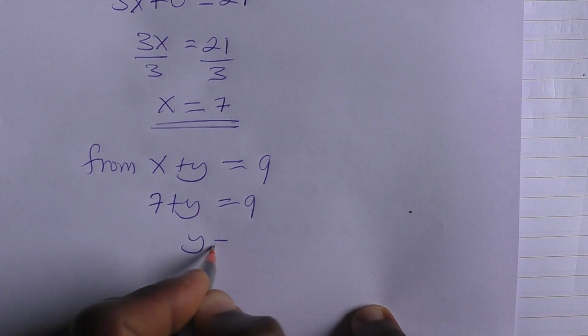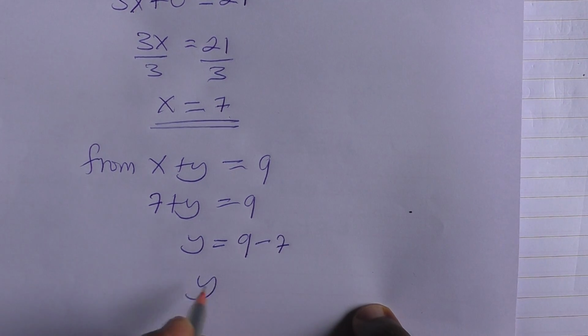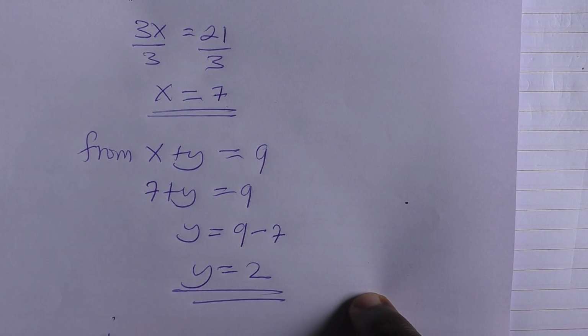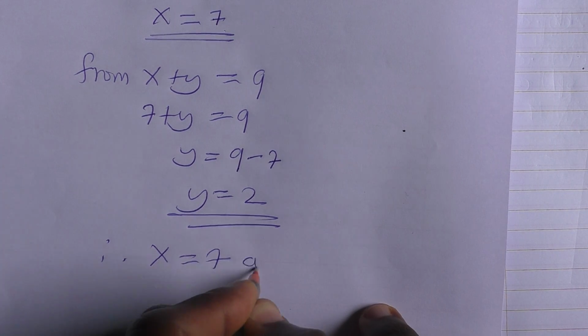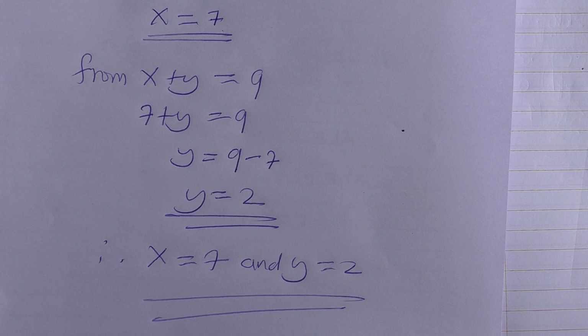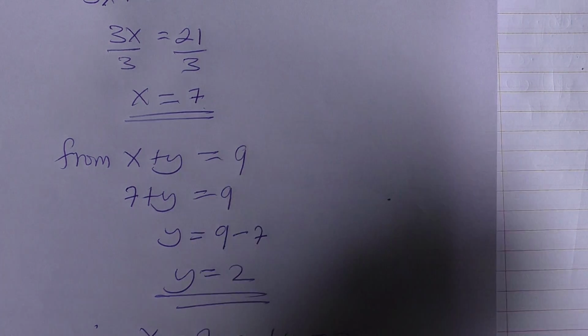Hence giving me y, if I collect like terms, as 9 minus 7, which is 2. Therefore, I have x as 7 and y as 2. So that is how I could use elimination. That is example 1. Let us go to example 2 using elimination method.